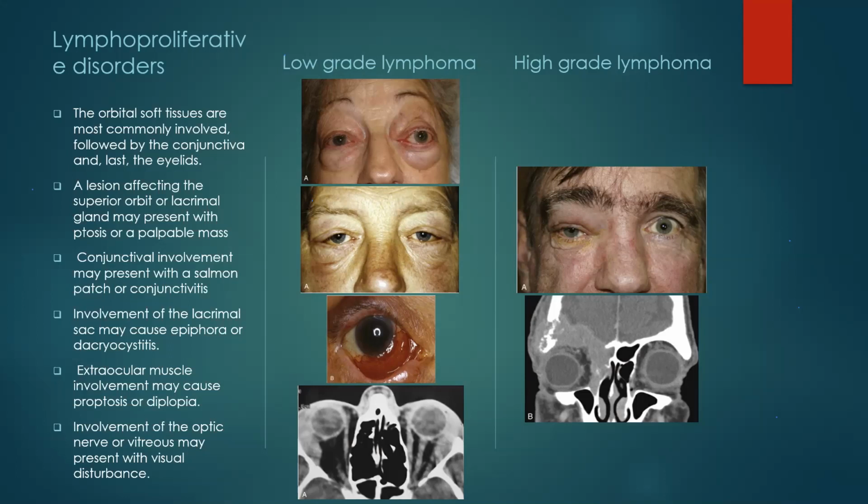Involvement of the lacrimal sac may cause epiphora or dacryocystitis. Extraocular muscle involvement may cause proptosis or diplopia or both. Involvement of the optic nerve or vitreous may present with visual disturbance.